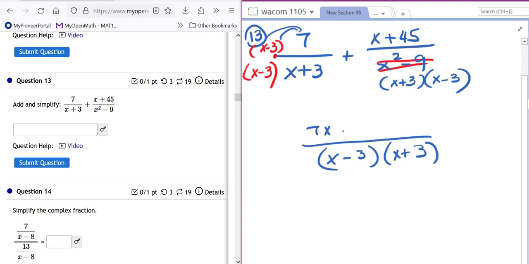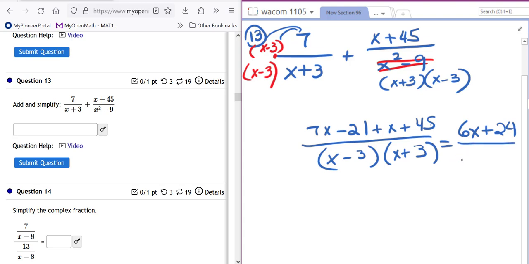So we have 7x minus 21, and we have plus here, so note sign changes, plus x plus 45, and that gives us 6x, and 5 minus 1 is 4, so a 24. Make sure that's right. 5 minus 1 is 4, and 4 minus 2 is 2. Okay, so we're good there.